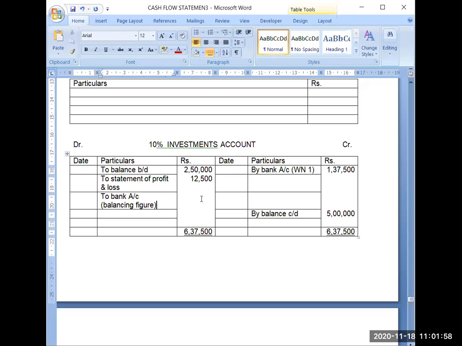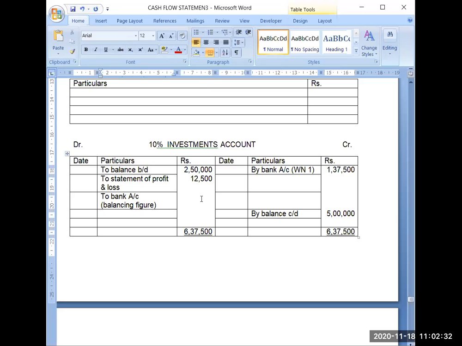Now 6,37,500 minus 12,500, it will be 6,25,000. 4,25,000. 4,25,000 minus 25,000, 4 lakh minus 25,000, 3,75,000.